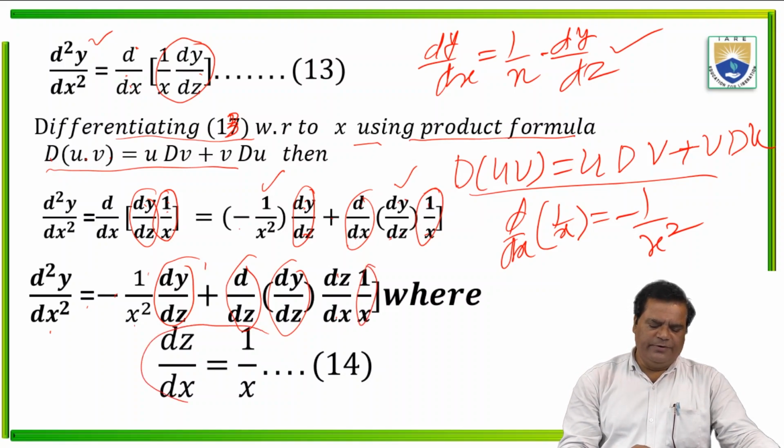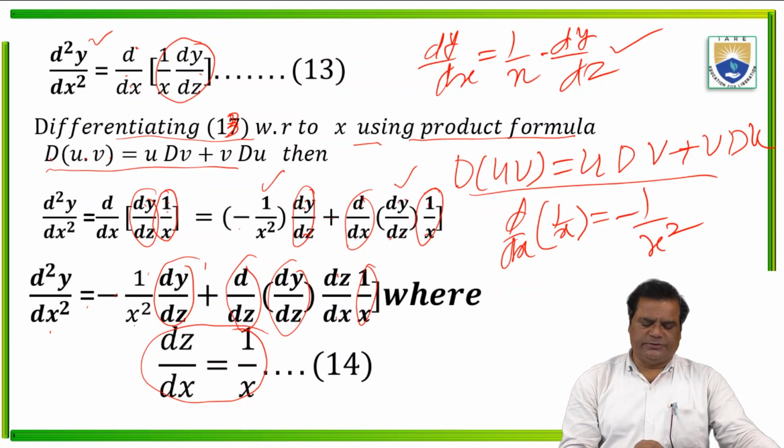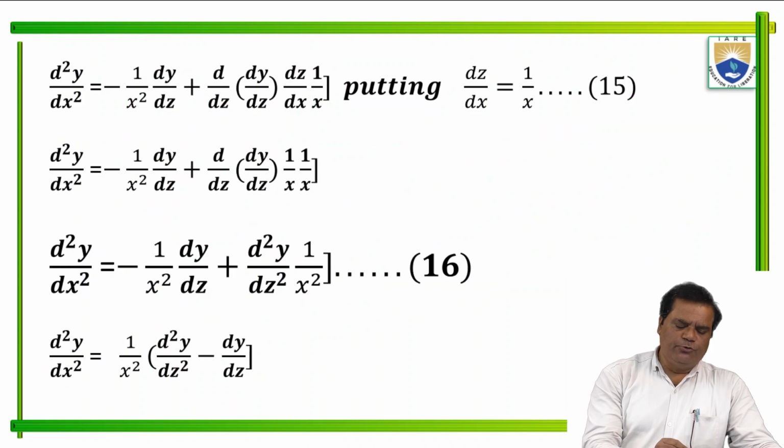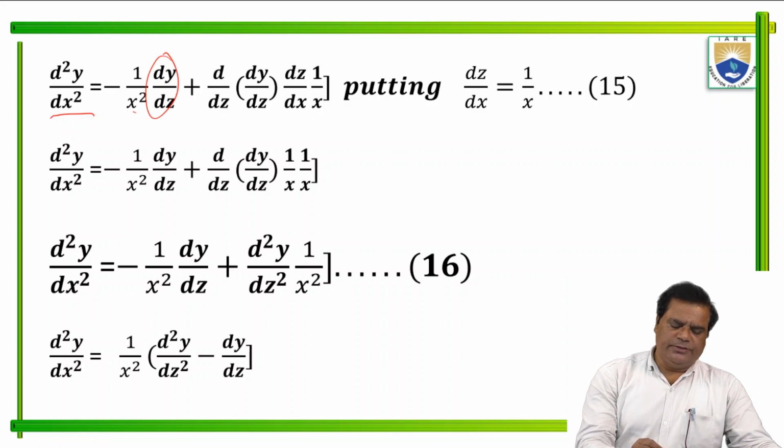Again putting the value of dz/dx as 1/x, we write d2y/dx2 equal to minus 1/x square dy/dz plus d/dz of dy/dz, dz/dx into 1/x.